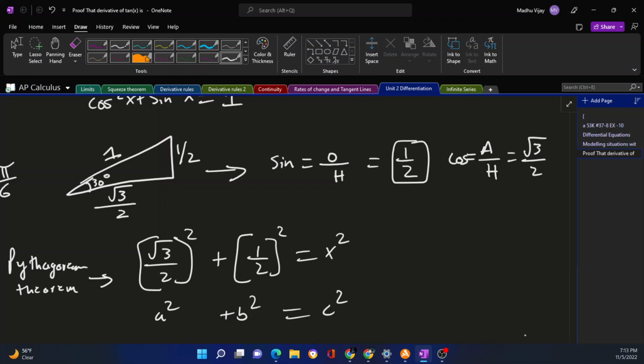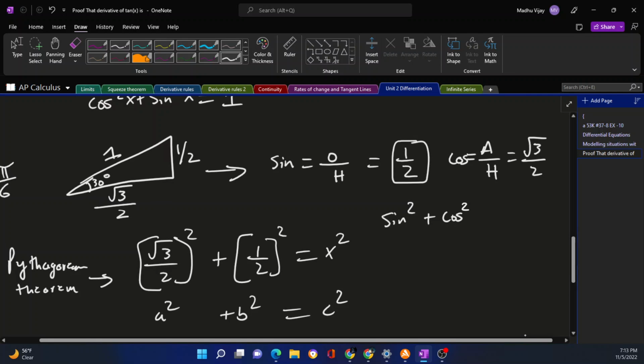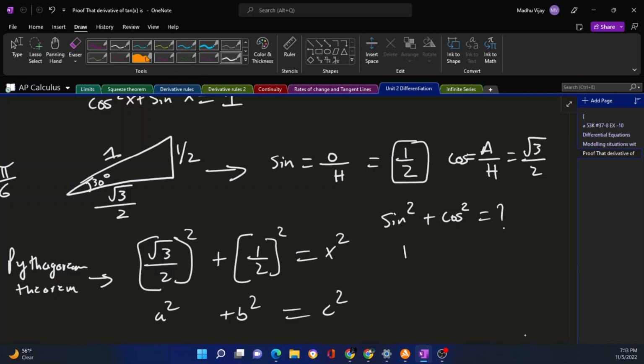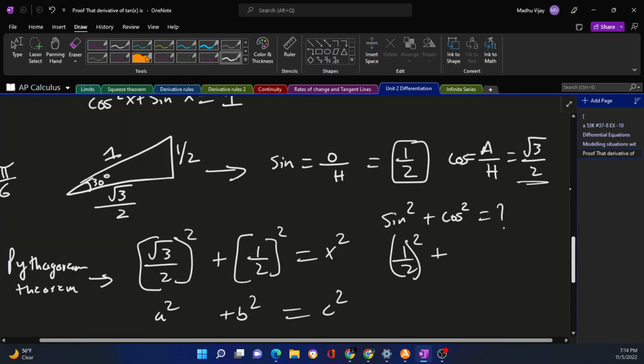So now, if we do our sine squared plus cosine squared, what does this equal? Let's see, we know that sine is 1/2, so 1/2 squared again. And then we have our cosine, which is square root of 3 over 2.